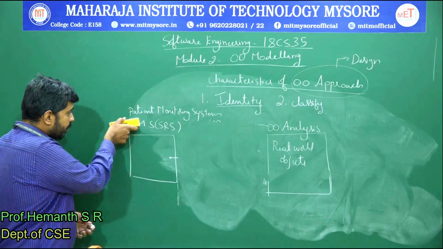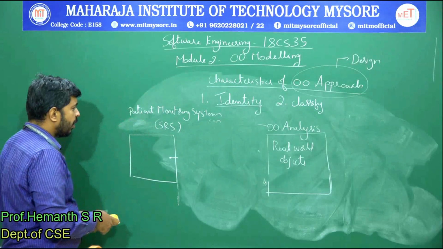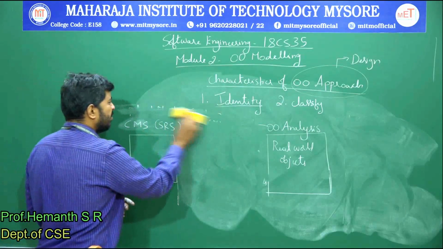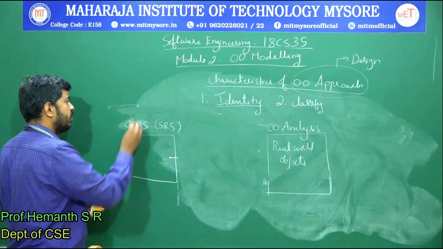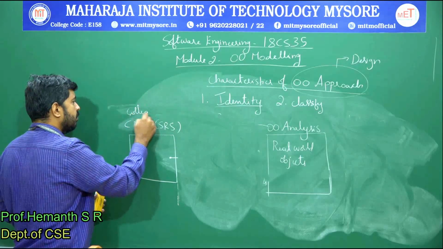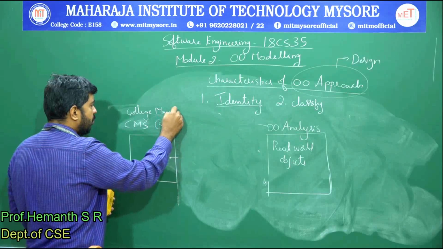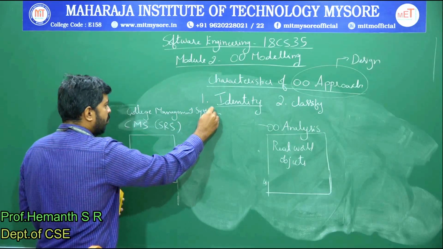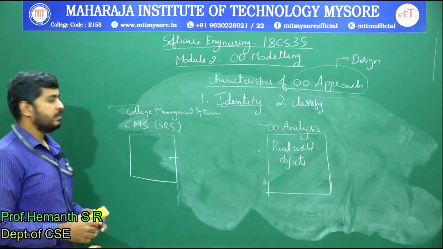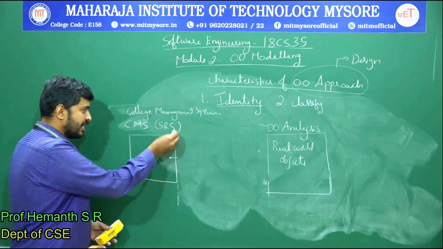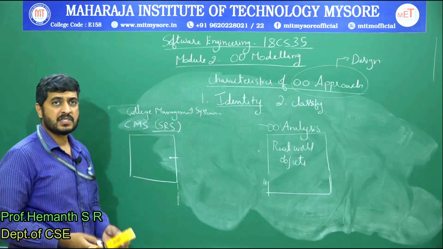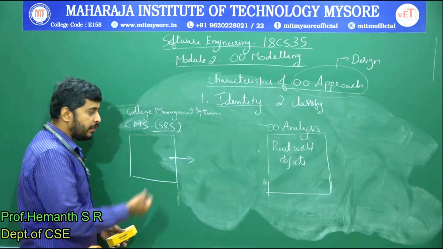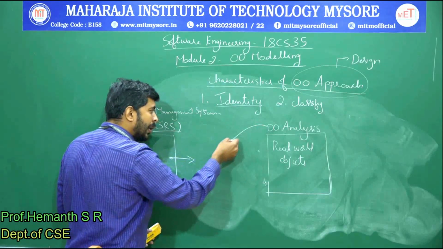So maybe the second example may be a college management system. I will call it a CMS. If the analyst has come out with the SRS for a CMS, college management system, what may be the real world objects that may be identified during OO analysis?